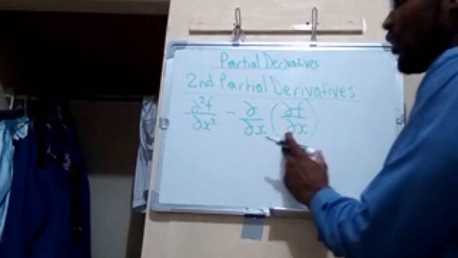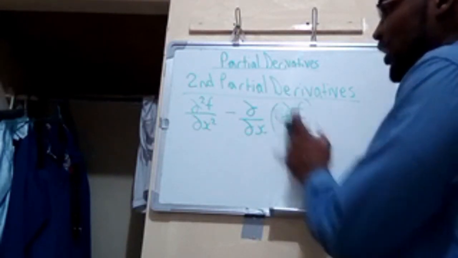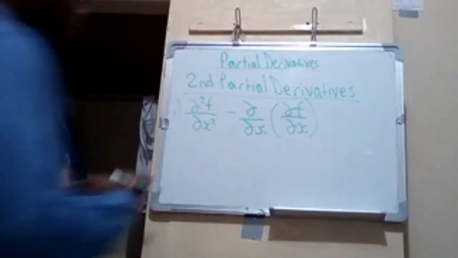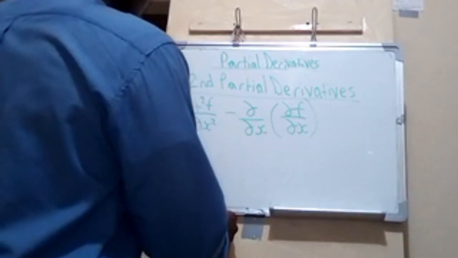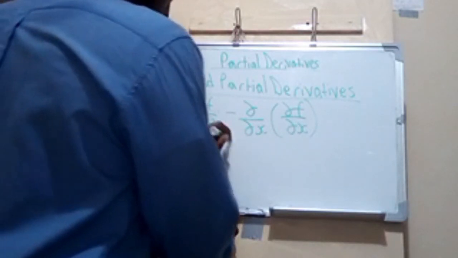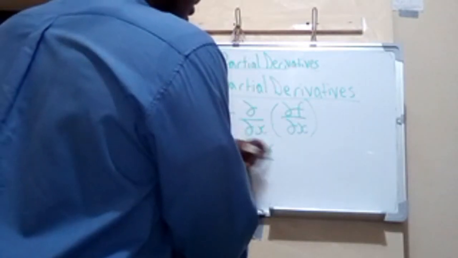What this means is del by del x of del f upon del x. We find the first partial derivative, then differentiate it again with respect to x. Then we have del 2f upon del y squared, which is del by del y of del f by del y.